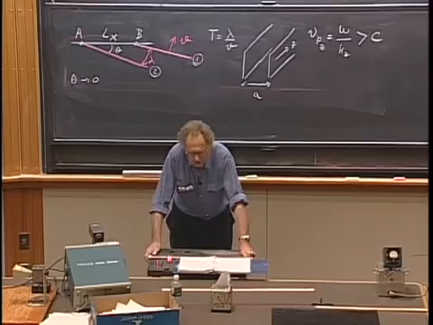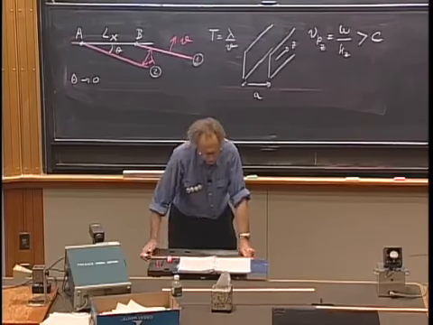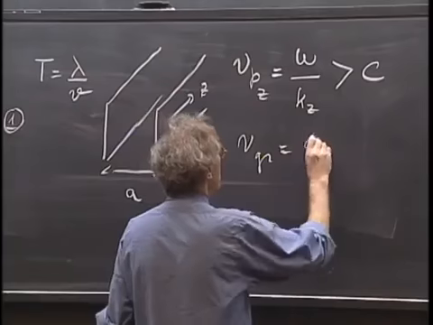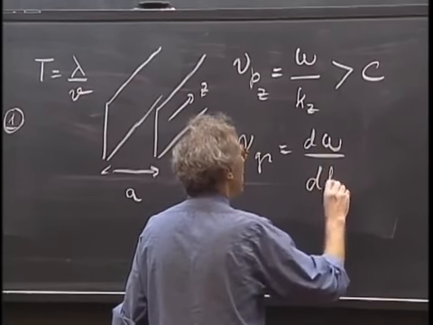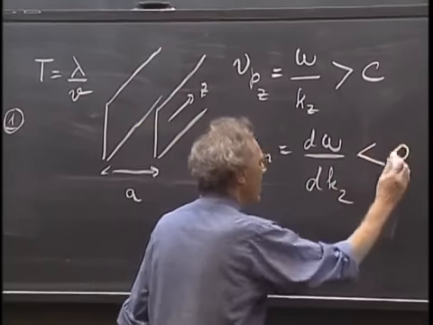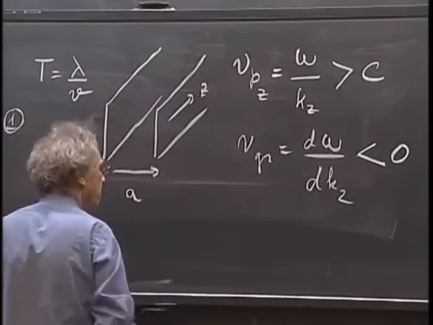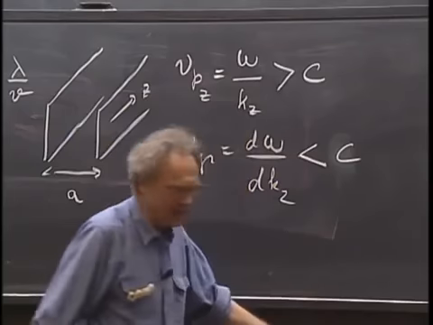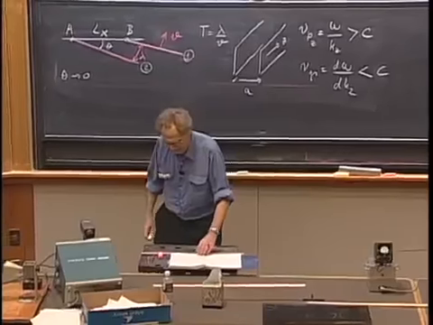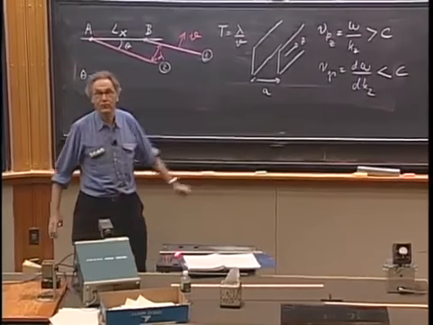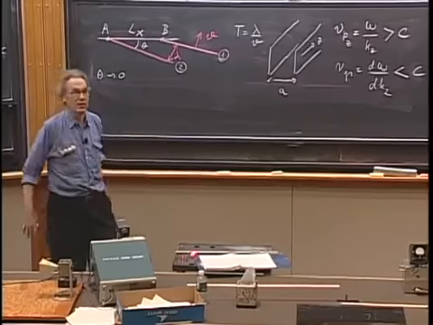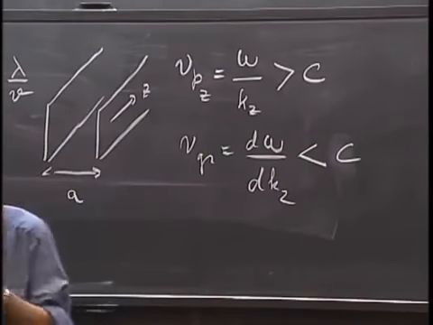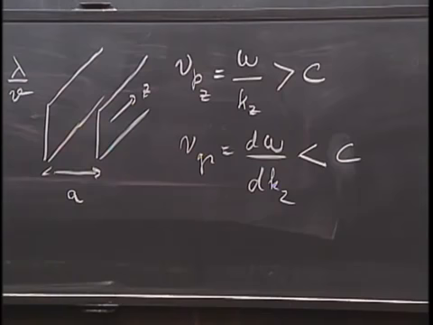In fact, the energy flow is with the group velocity, which is d omega dkz, and that was always less than c, as you perhaps remember. Not zero, my enthusiasm is getting carried away, it's less than c. And remember, at the cutoff frequency, where no longer radiation would go through, this phase velocity went to infinity and the group velocity went to 0.